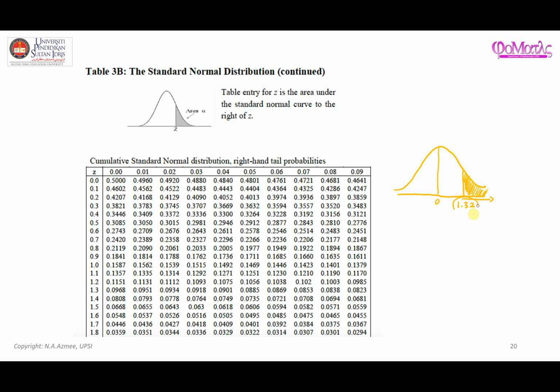This is the value of z, so you have to refer to this part here. 1.3 is somewhere here, plus 0.02, so you will get 1.32. The area here is equal to 0.0934. So this is the p-value.